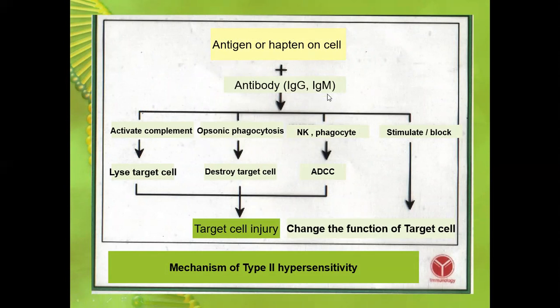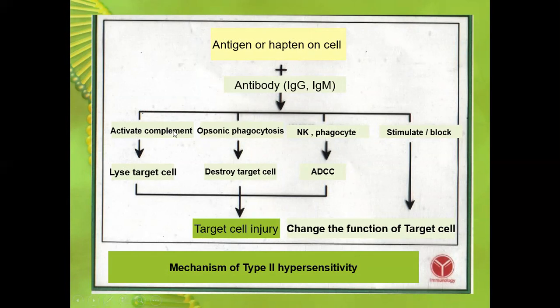The antigen which is present on the cell surface induces the production of antibodies. Here in type 2 hypersensitivity reaction, IgG and IgM antibodies are released, and they cause activation of complement or opsonic phagocytosis, natural killer cells or phagocytosis process or stimulation or blocking. These are the mechanisms.